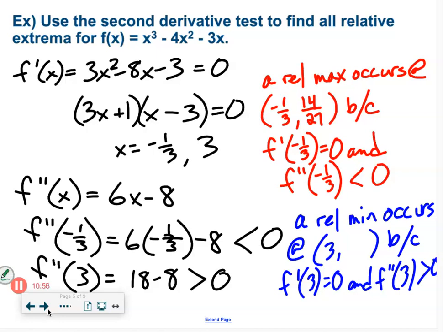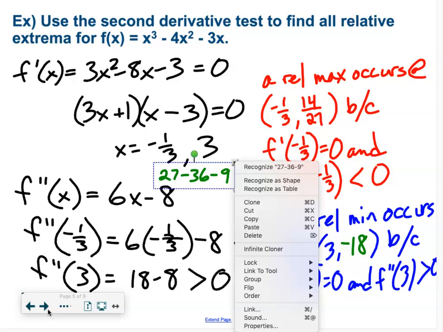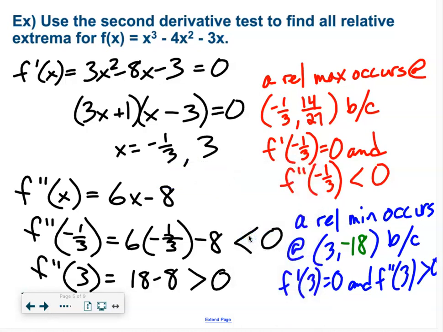So I plug in a 3, I get 27 minus 36 minus 9. Oh, wait, no. Did I do something wrong? No, that's right. Oh, okay. So 27 minus 45, so negative 18. And that's it. That's the basics of second derivative test.